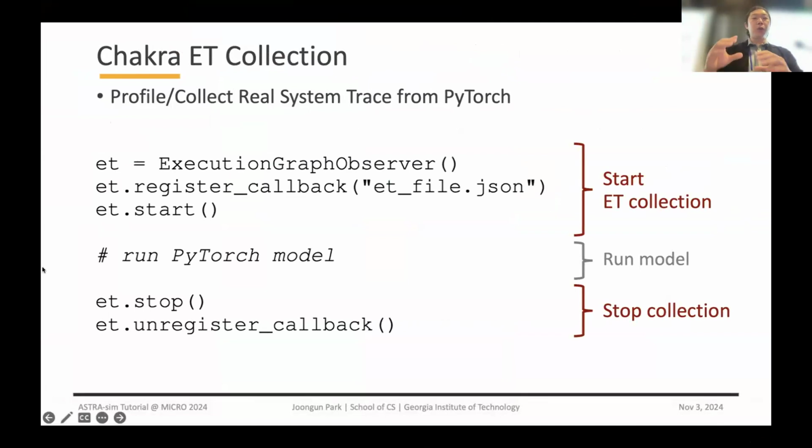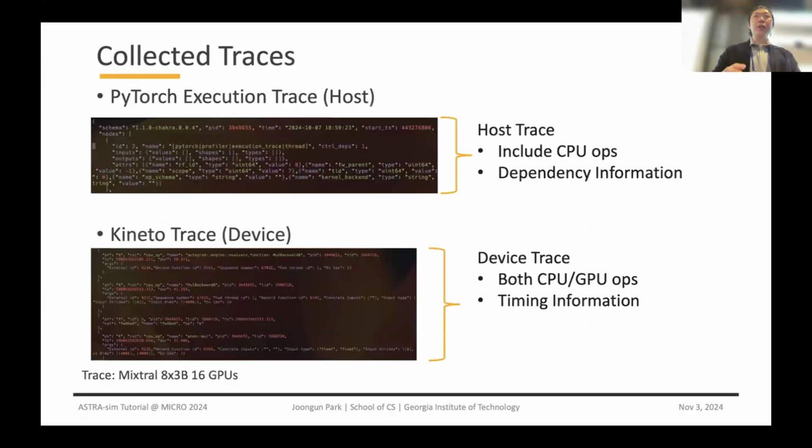In order to capture the model activities, we register 2 observers, at the start of the trace and the end of the trace. We don't want to go into detail because it's already explained, but this is how we do it. And if you run PyTorch, you will get 2 kinds of traces. One is host, the other one is device.